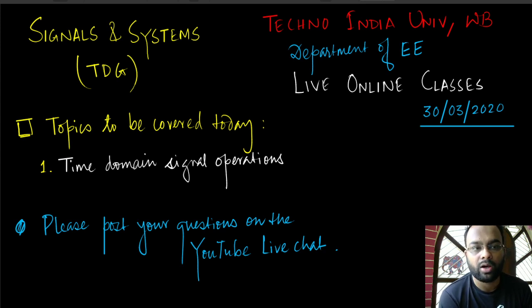For today, you can watch the stream only, and later head over to the link I provided and execute the Python programs online using Google Colab, and check for different types of signal operations.